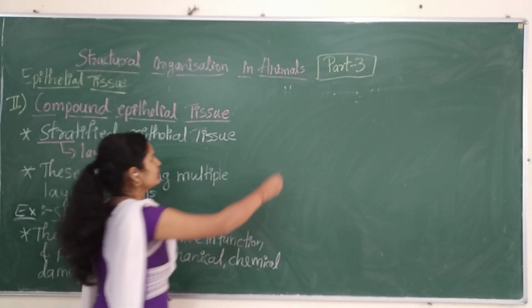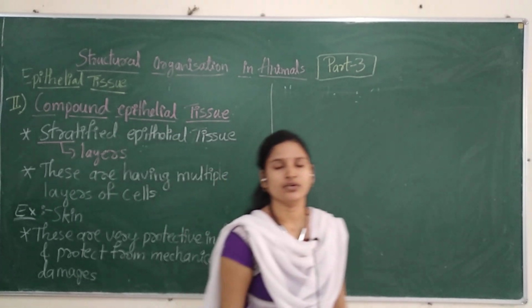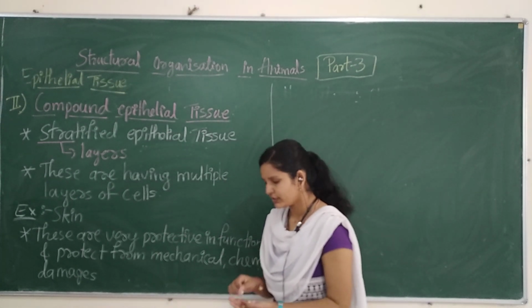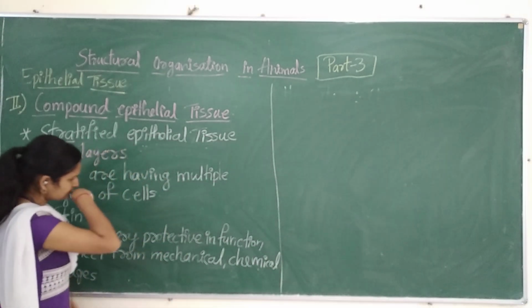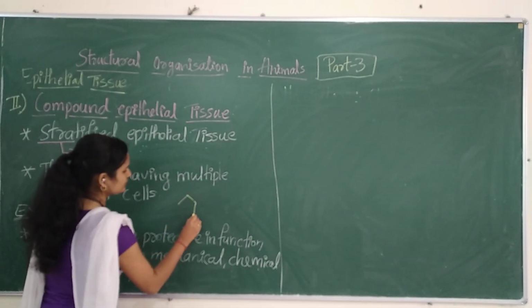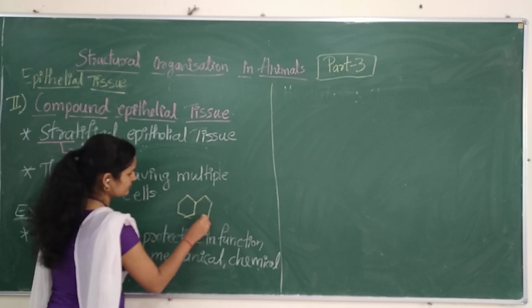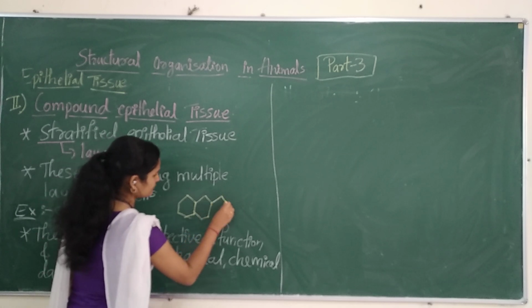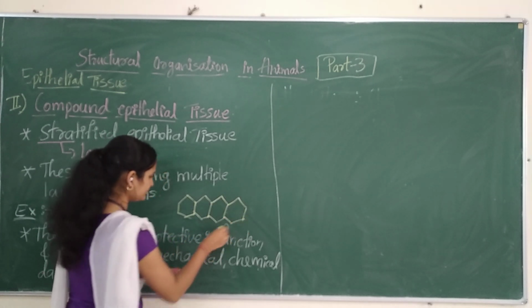So this is nothing but your compound epithelial, where there will be presence of multiple layers. For example, what type of tissue is it?